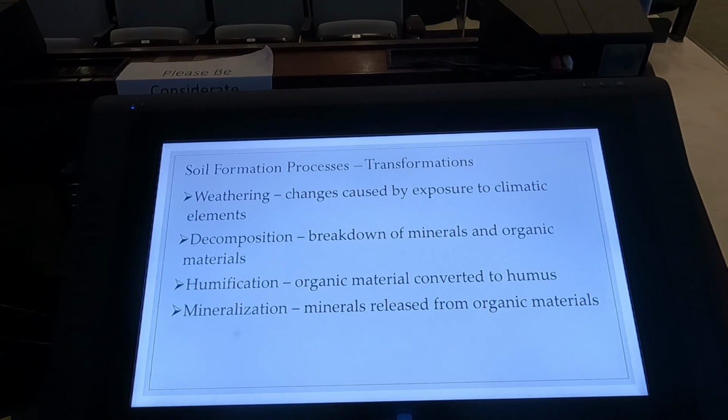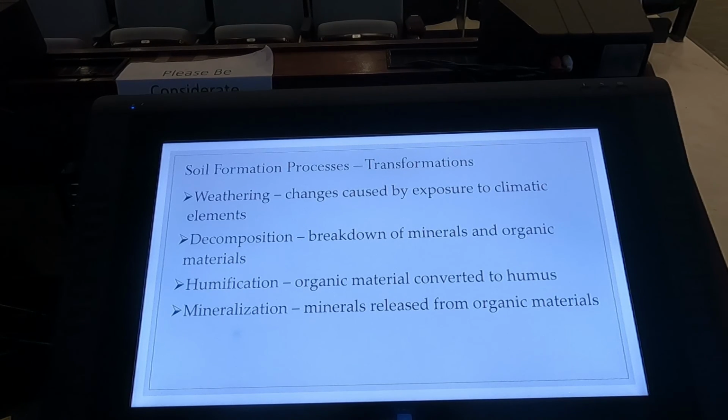Mineralization, and we're going to talk about mineralization more later in the semester. And I'm going to go ahead and kind of set this up a little bit, that mineralization is organic to inorganic.